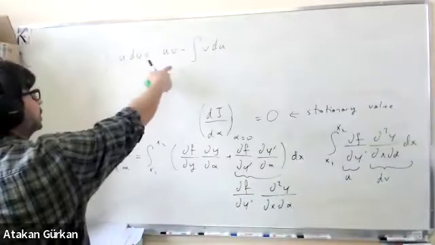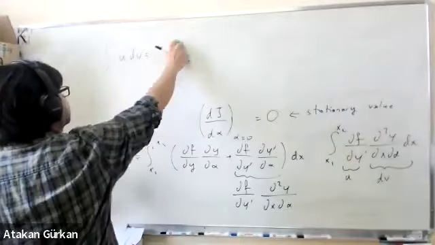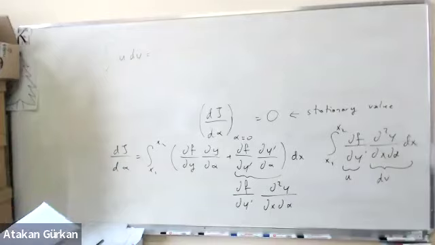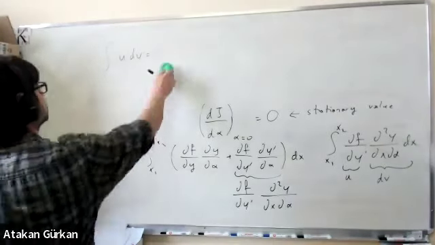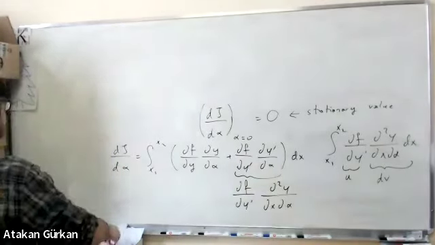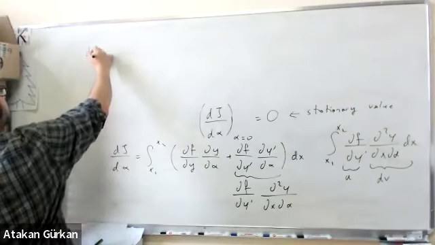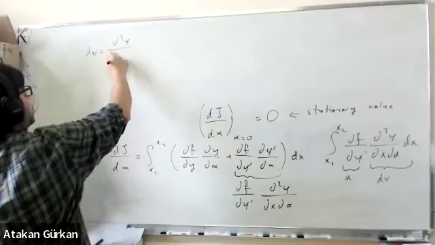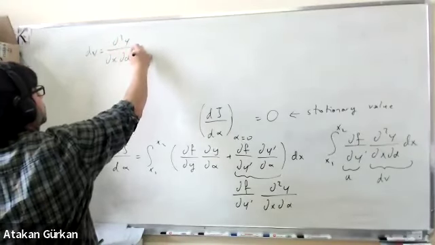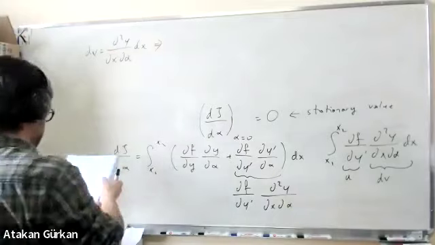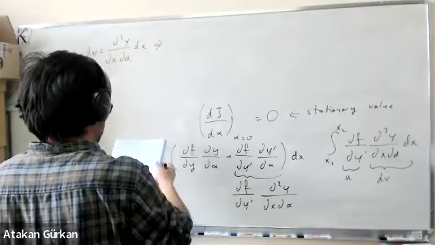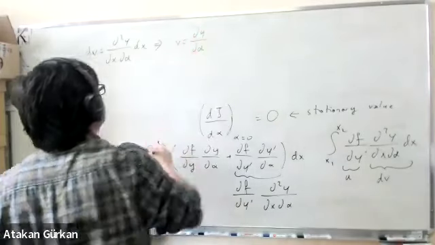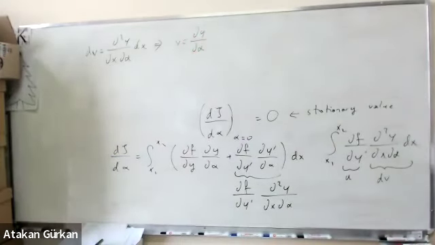So this integral is now going to turn into u times v. So let's explain this more carefully. Del square y by del x del alpha dx. Then your v is going to be del y by del alpha.